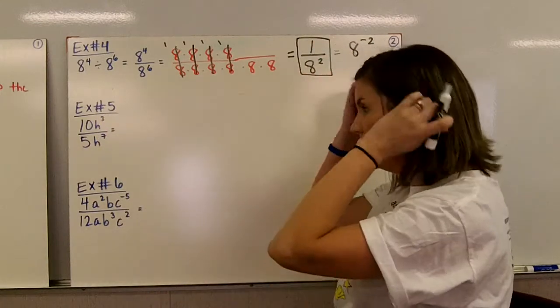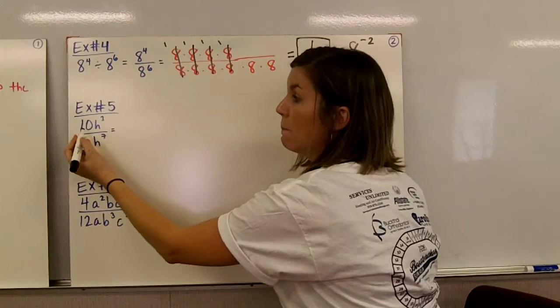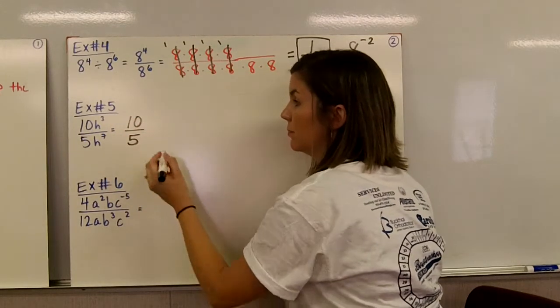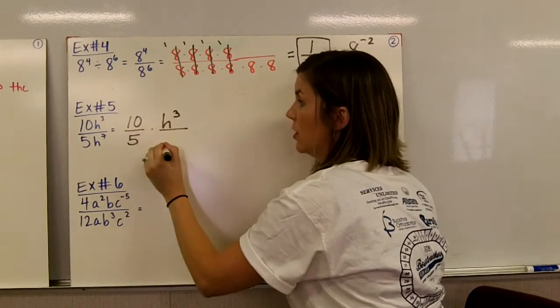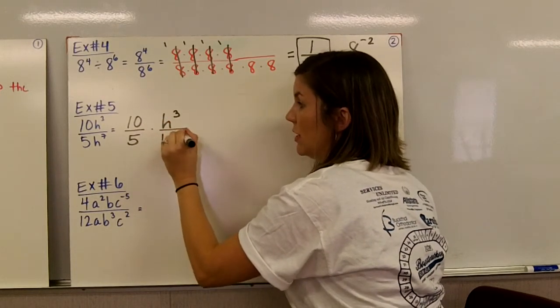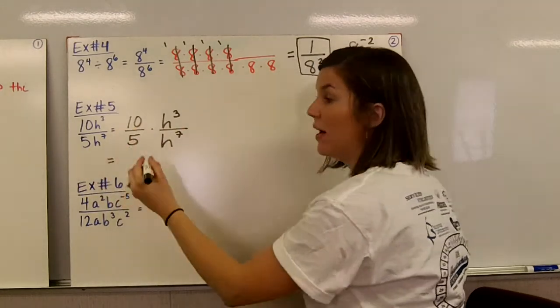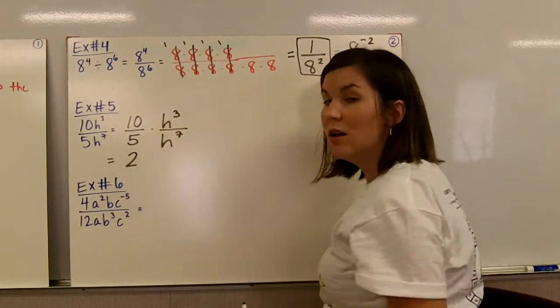Example number 5. Now we have variables and coefficients with our exponents. 10 divided by 5 times h to the 3rd divided by h to the 7th. So this is pretty easy to simplify. 10 divided by 5 is 2. And we're going to simplify our exponents.